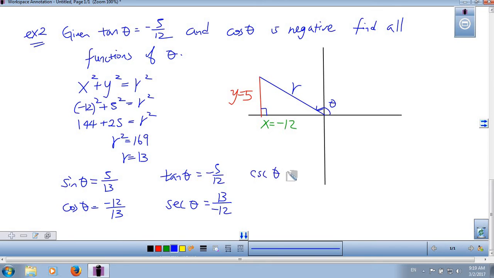Cosecant of theta is the reciprocal of sine, or r divided by y, 13 divided by 5. And cotangent of theta is the reciprocal of tangent, negative 12 divided by 5, or x over y. Okay, so this is how we can go ahead and identify the situation here.